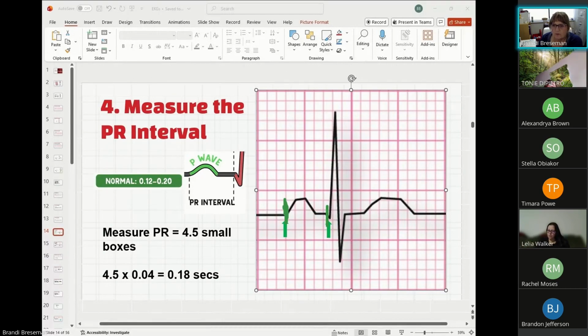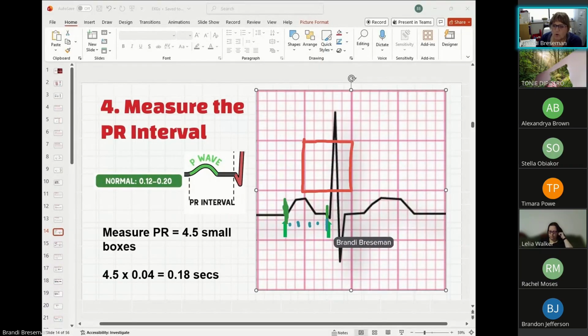So here's our big boxes, but we are going to count small boxes because this is not a big box. So I have 1, 2, 3, 4.5. You see how that small box is cut in half?